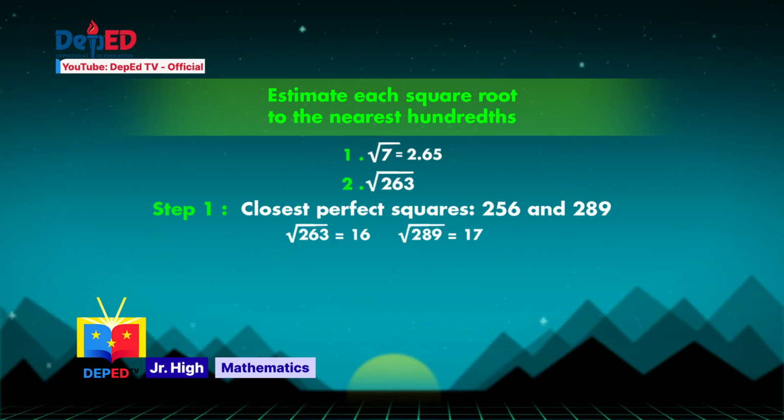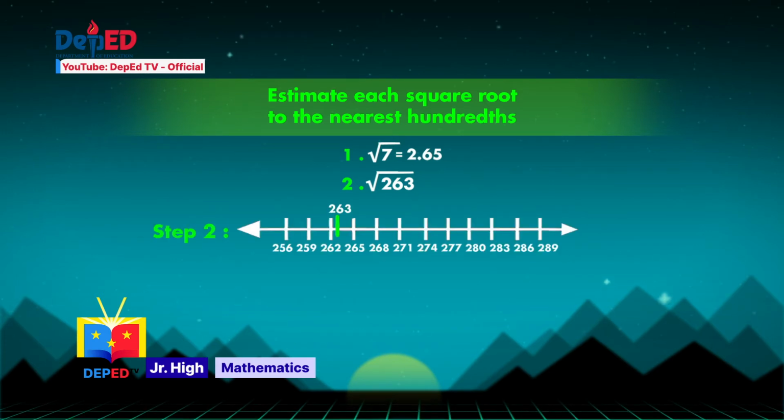So the square root of 263 must be between 16 and 17. Step 2. We know that 263 is closer to 256 than to 289. So, the square root of 263 must be closer to 16 than to 17.